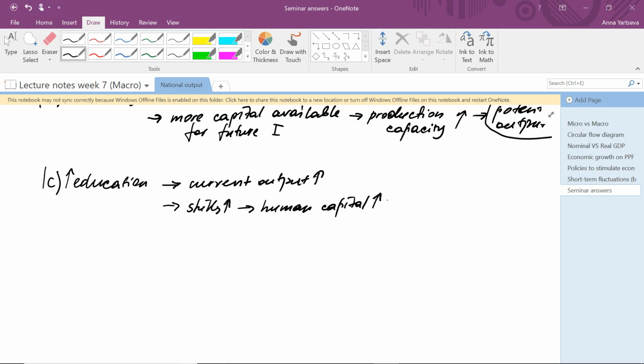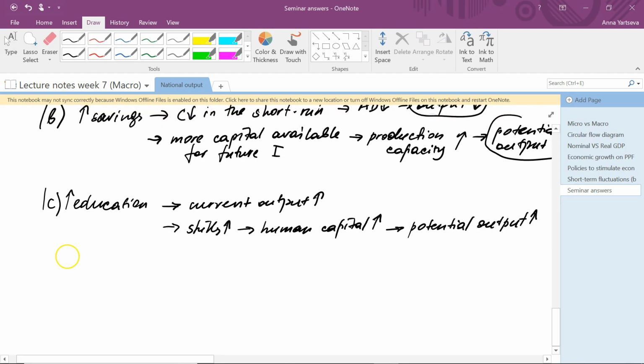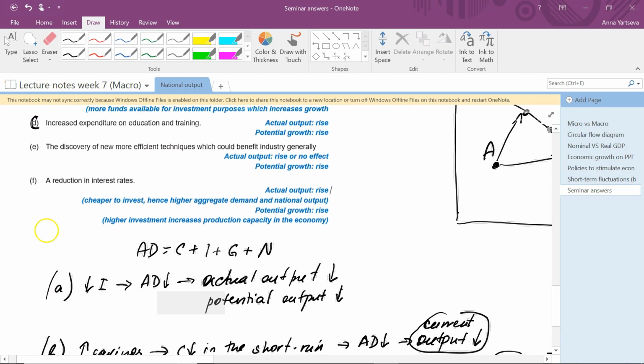When we train, when we acquire additional skills, we will be able to produce more in the future. So increasing human capital will expand our production capacity in the future, and potential output will increase as well. So expenditure on education and training is a really good form of investment because it allows you to increase both current and potential output. You don't need to make any sacrifices like with savings.